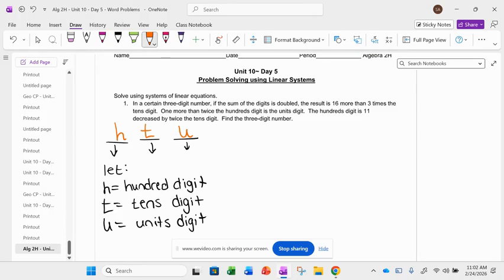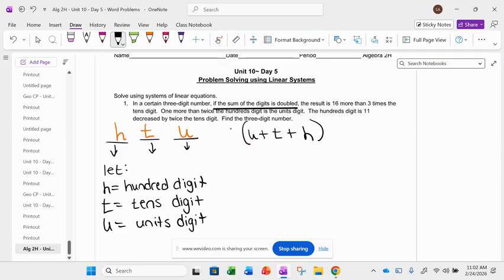So now if I have three different variables, how many different equations do I need to set up the system of equations? Three. We need three different equations. It says in a certain three-digit number, if the sum of the digits is doubled, so I'm taking the three digits, U plus T plus H, and doubling it.